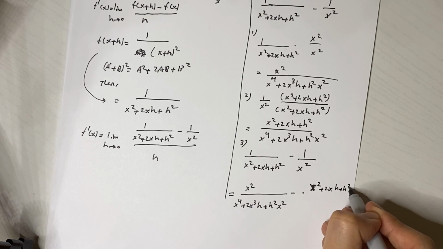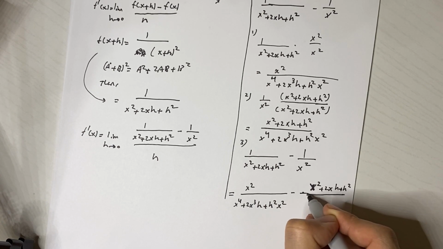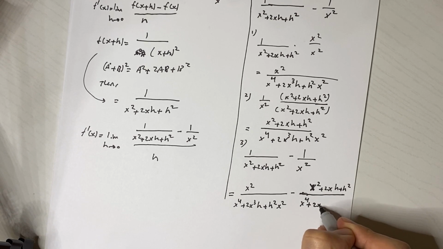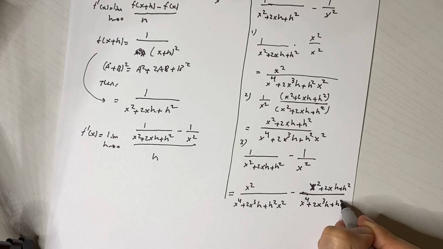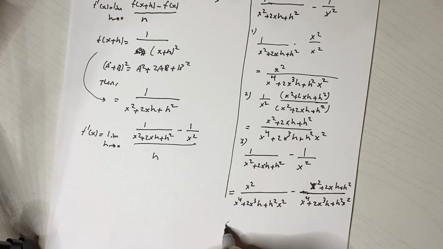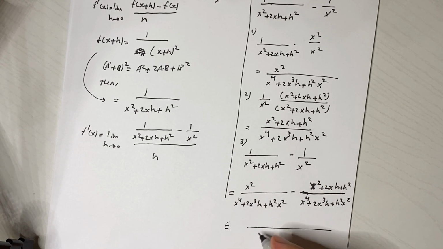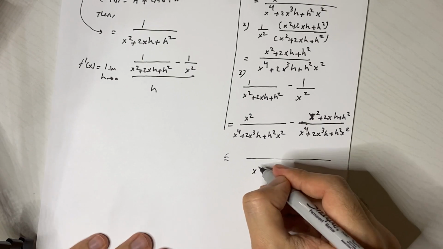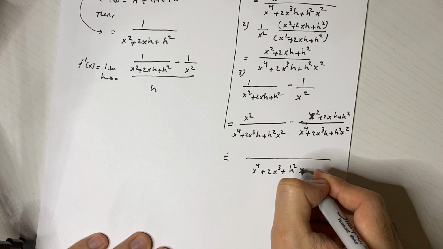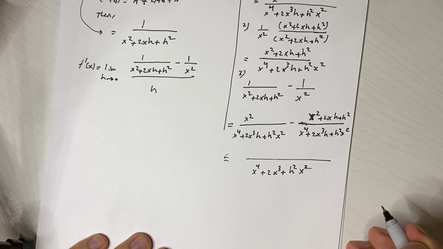So again, I'm just rewriting these into our terms so we can simplify later. Now they have a common denominator. Now we can subtract the top. The bottom is going to be the same.